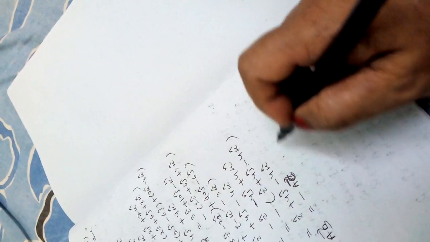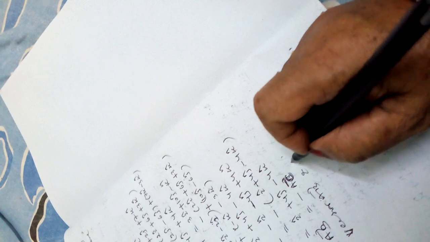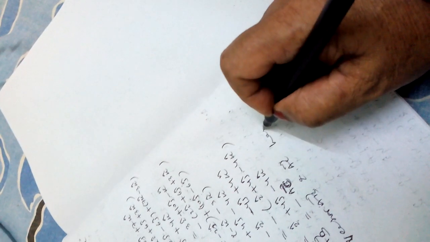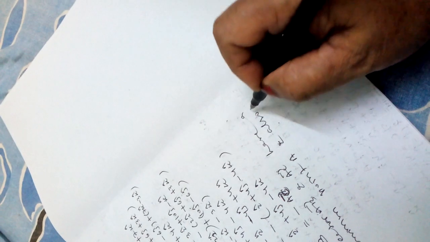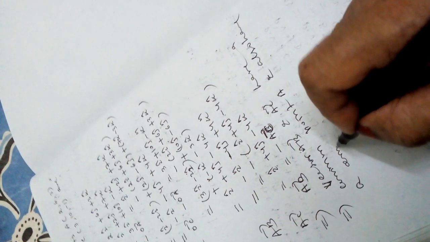Here this implies vector AB and AC have a common point A and also have the common support. Vector AB and vector AC have a common point A and also have a common support.